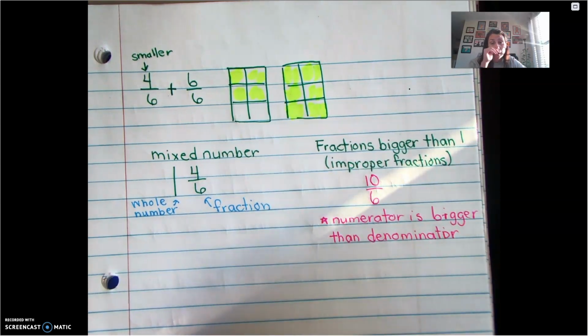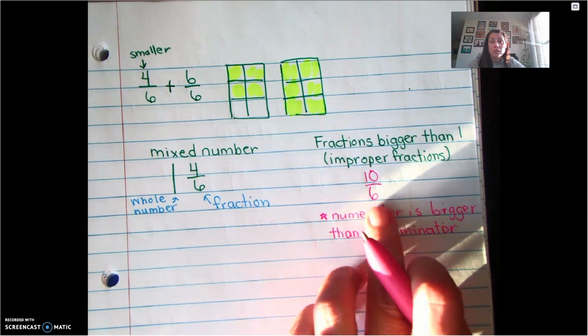So the improper fraction is when the numerator is bigger than the denominator.